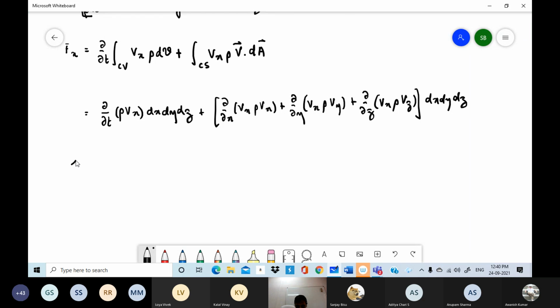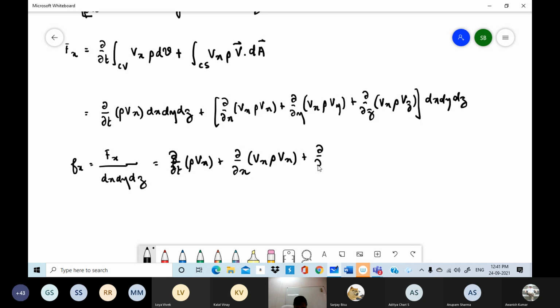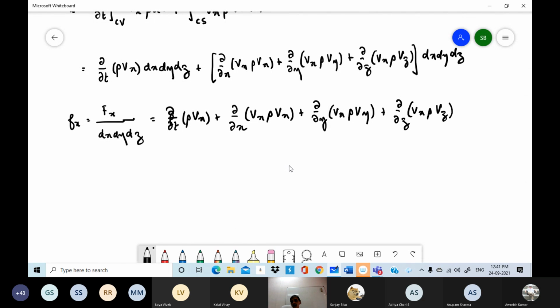So then I define a small fx, which is capital Fx by the volume, that would be equal to, so this is what it would be.